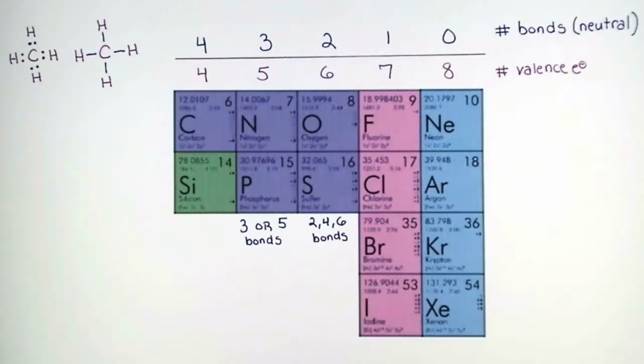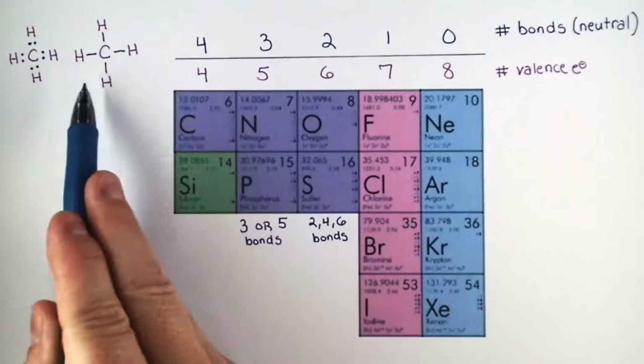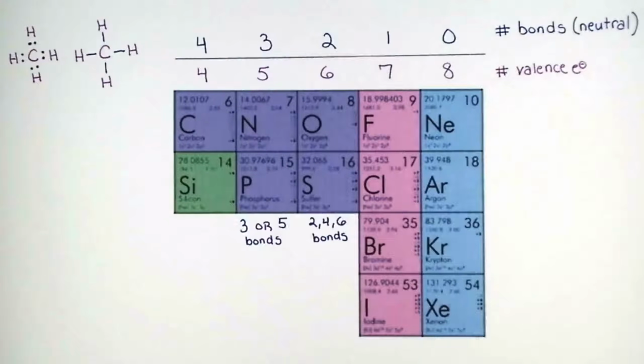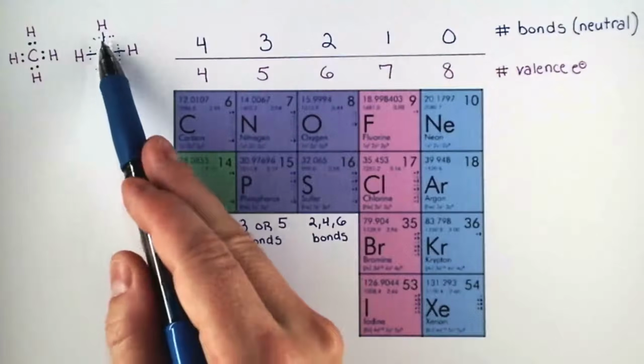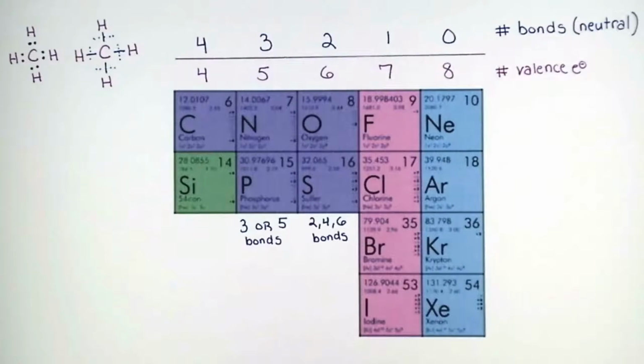Keep in mind that each of these lines is representing a pair of electrons. Now, to count valence electrons, we can think about splitting the bond in half and thinking carbon owns half of the electrons in each bond. Since carbon likes to have 4 valence electrons, carbon is neutral in methane.